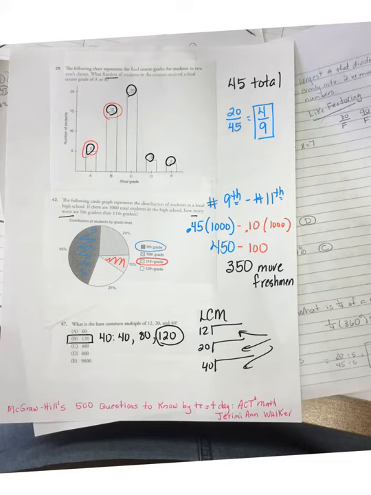If you don't like that process, if you don't like taking the largest one and looking at its multiples, you can always write out the multiples. Take your 12, your 20, and your 40 and write out the multiples. You may have to go out 10 or 12 on these before you find them.